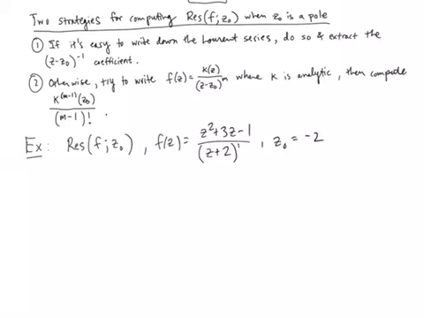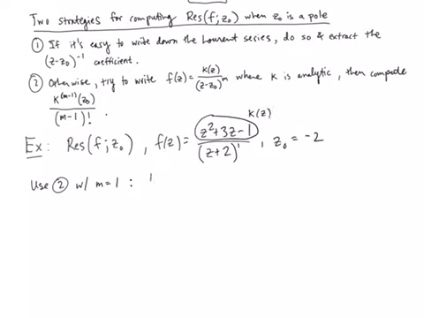So that's our m, and we use formula 2 with m equals 1. Then you just have to take the 0th derivative of k. This polynomial here is our k of z.